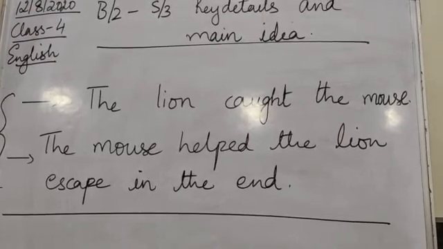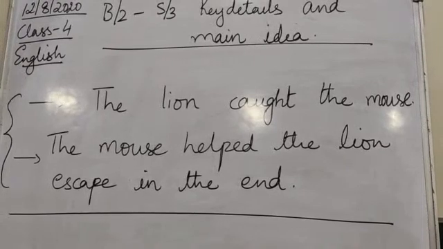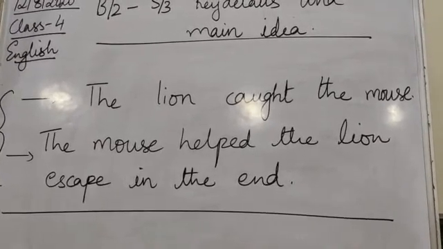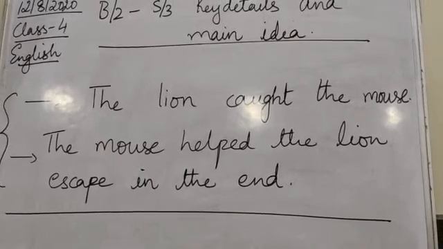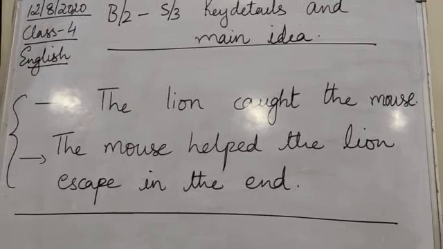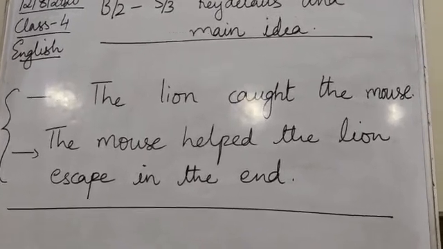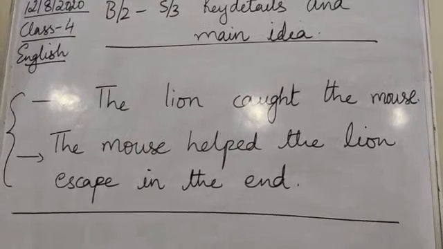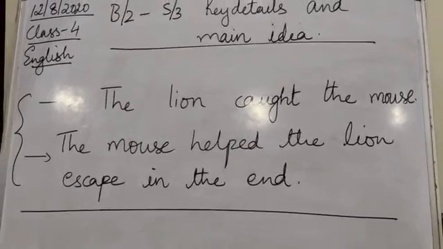And here in the first sentence, the lion caught the mouse. That means the mouse might have escaped from the lion, and when the lion was in trouble, the mouse came to help the lion, and that was the ending of the story. So here there are few points which are missing.